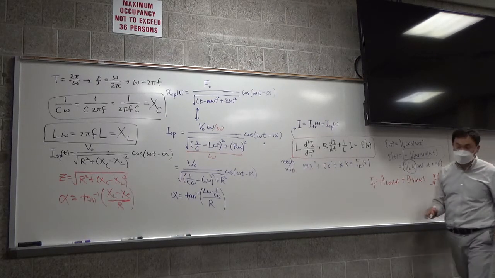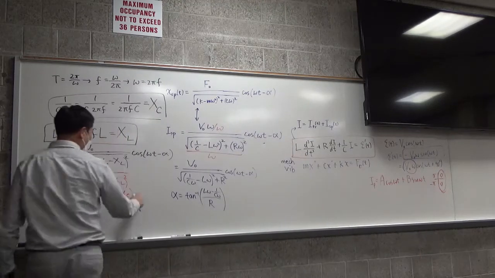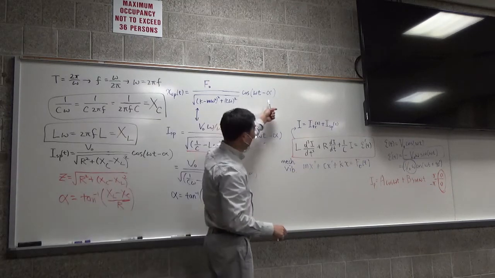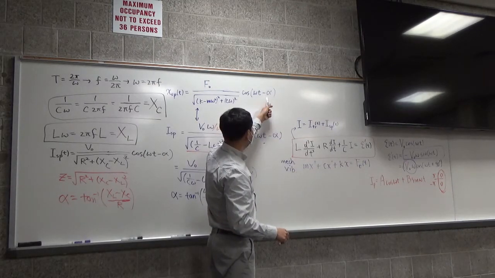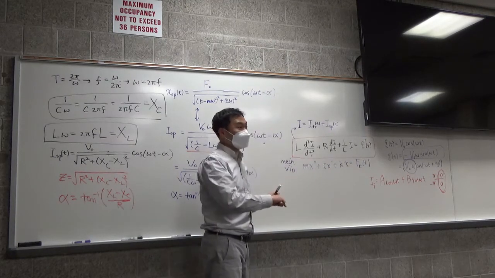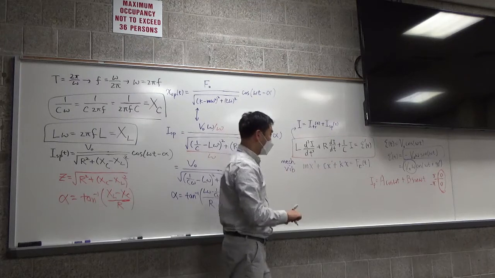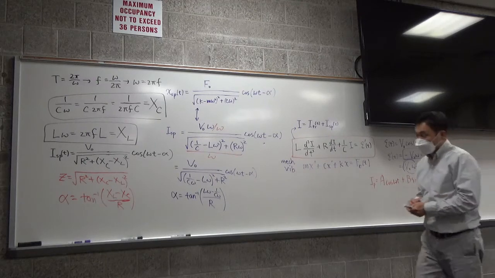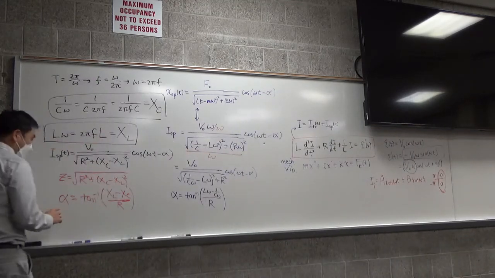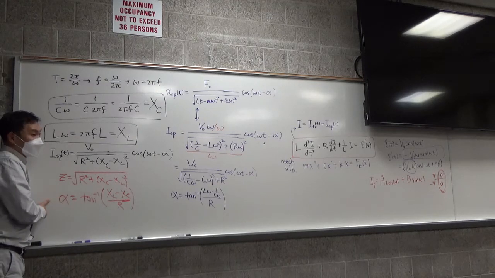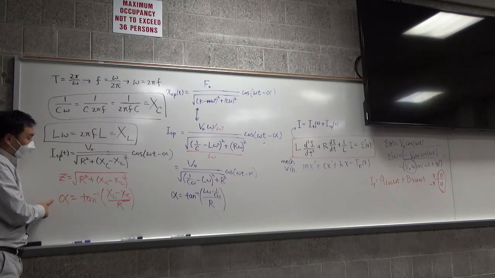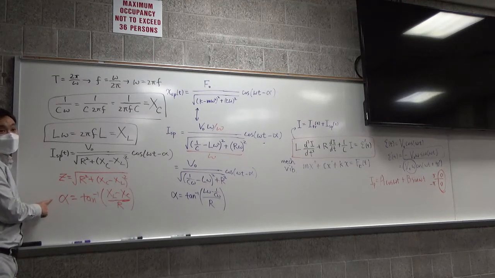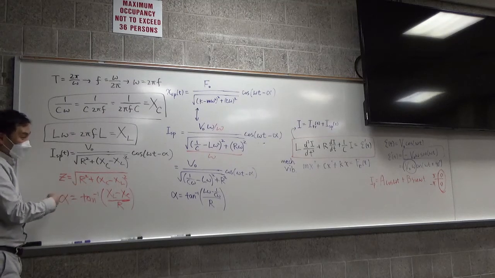So you never have to modify it. So that's really convenient for us, because you don't have to add pi or negative pi when it comes to this. On the other hand, this differs by 90 degrees. So if you actually do this, you'll see that this phase angle is always from 0 to 180 degrees. It's from here to there. You can also see that. So try to see that. And therefore, what it's saying is that when you have an input voltage, the current inside the RCL circuit always has the phase angle between negative 90 degrees and positive 90 degrees. That's another thing that you see here.